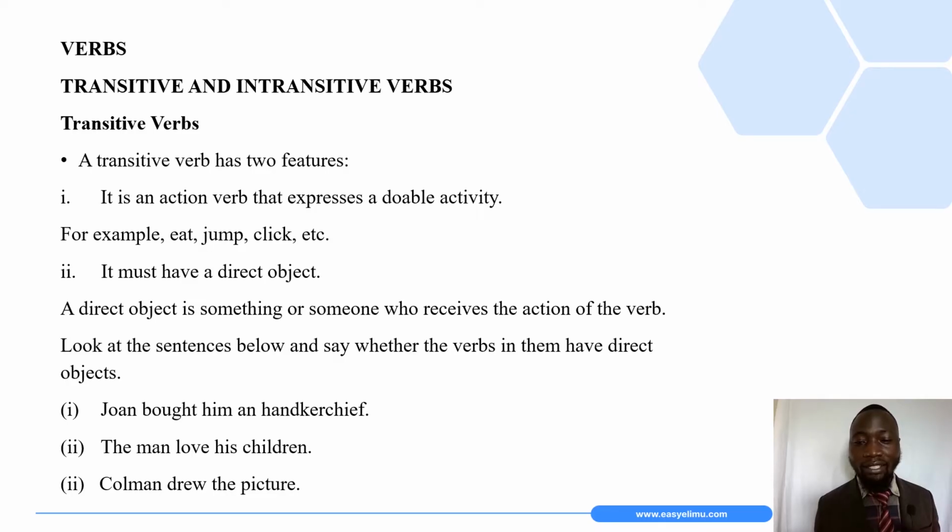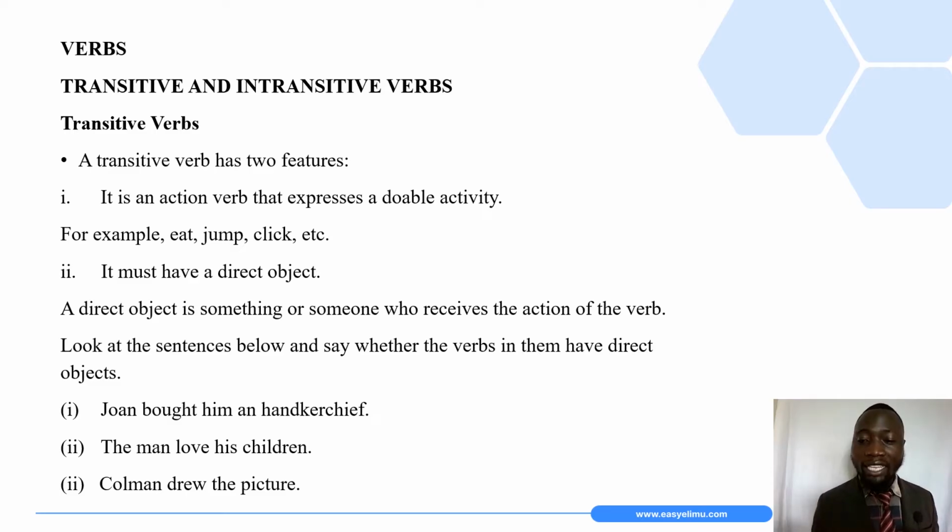I'm repeating. Transitive verbs in a sentence talk about an action that has a direct object to receive it.